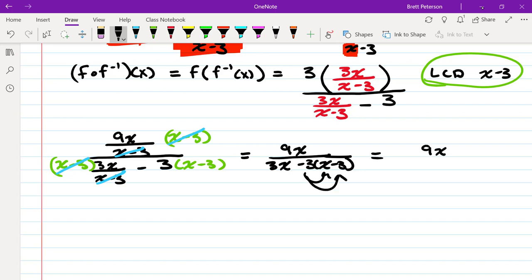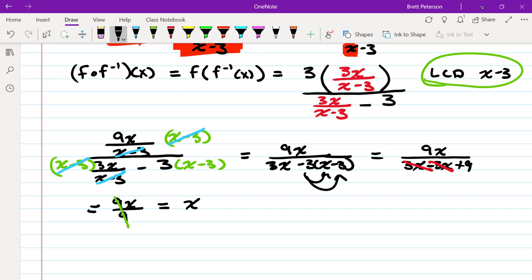So we have 9x over 3x minus 3x plus 9. And then we have a positive 3x and a negative 3x, so they add to 0, so they reduce out. And then we're left with 9x divided by 9. And now the 9's reduce out. And after all of that, we get back x.